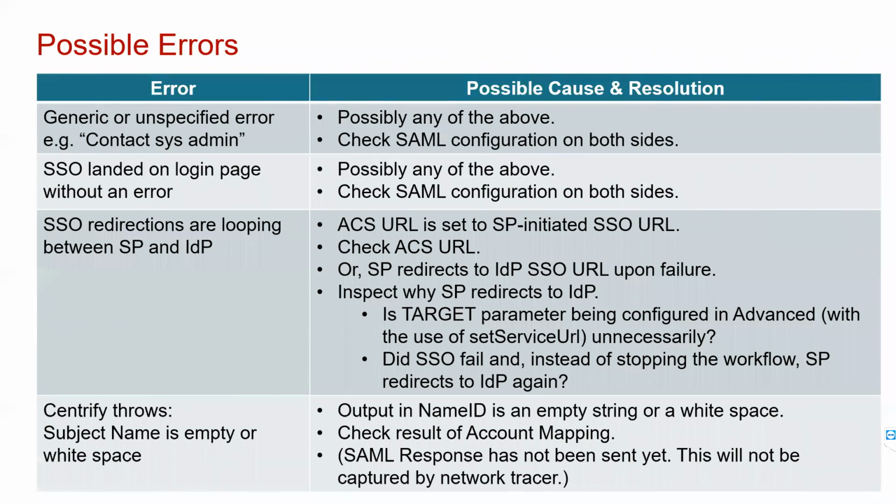But then the SP somehow redirects to Centrify again, and this loop just keeps going and going. You can see the URL bar in the web browser going crazy also. If you have a network trace open, you get to see all the entries just keep coming up. And there are usually just two scenarios of doing that.